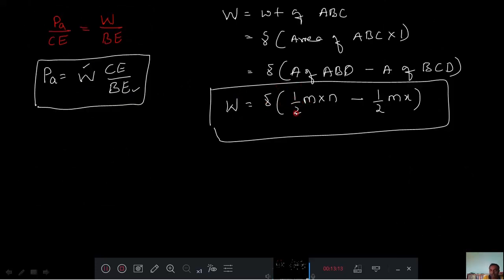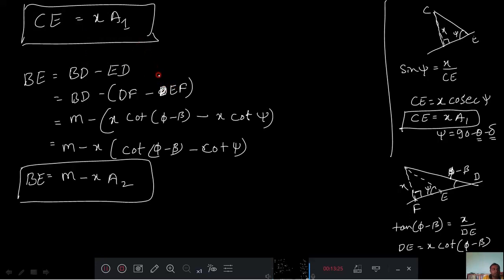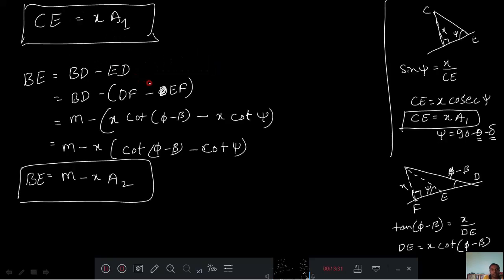Gamma is already outside. Half and M you take outside. Then gamma M into (N minus X). This is your W, and into CE. CE is XA1, that is XA1 divided by BE. BE is M minus XA2.